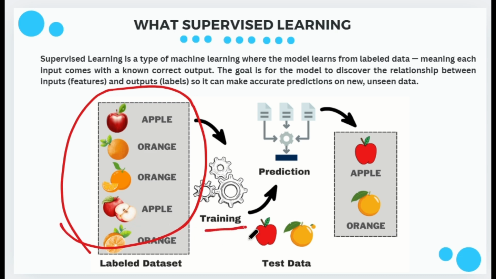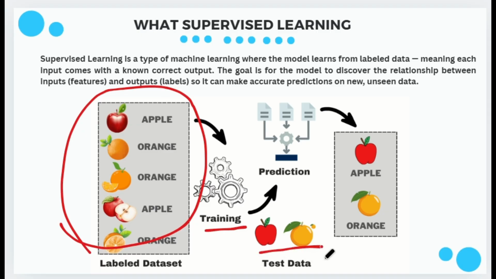Then the training phase. In the training phase, the labeled dataset is fed into a machine learning algorithm. The model learns to recognize the patterns, the color, shape, and texture of the fruits that distinguish apple from orange. Then the test data.